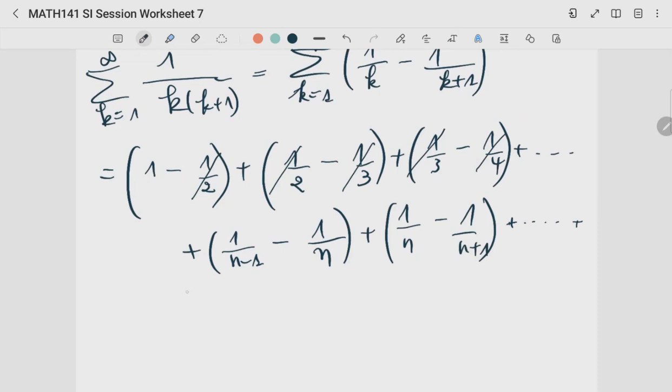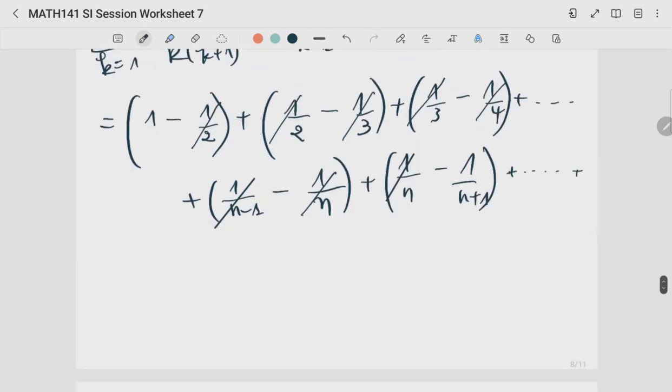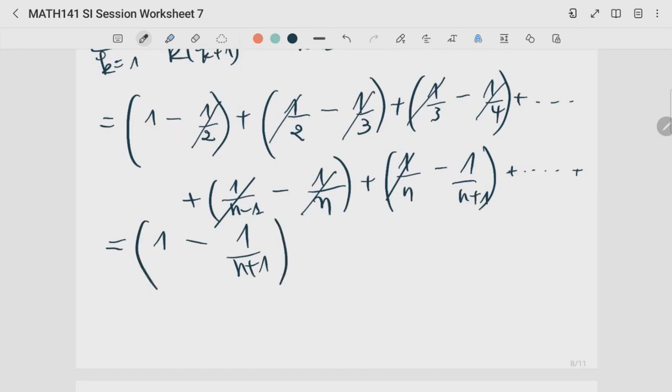And as you go all the way up to n, you'll see that this will cancel with that as well. The 1/n will cancel with the term that comes right before it, and therefore you will be left with two terms, 1 and minus 1/(n+1). Okay, that's what the sum would look like.